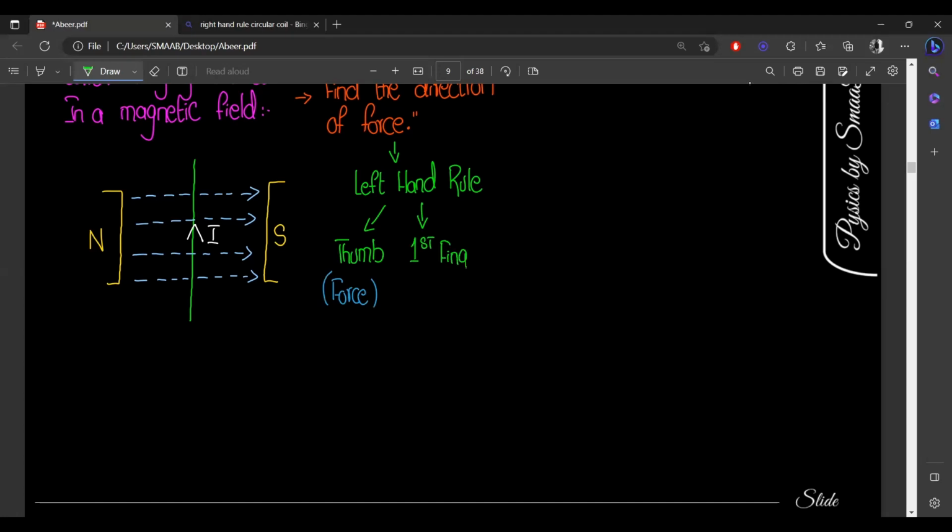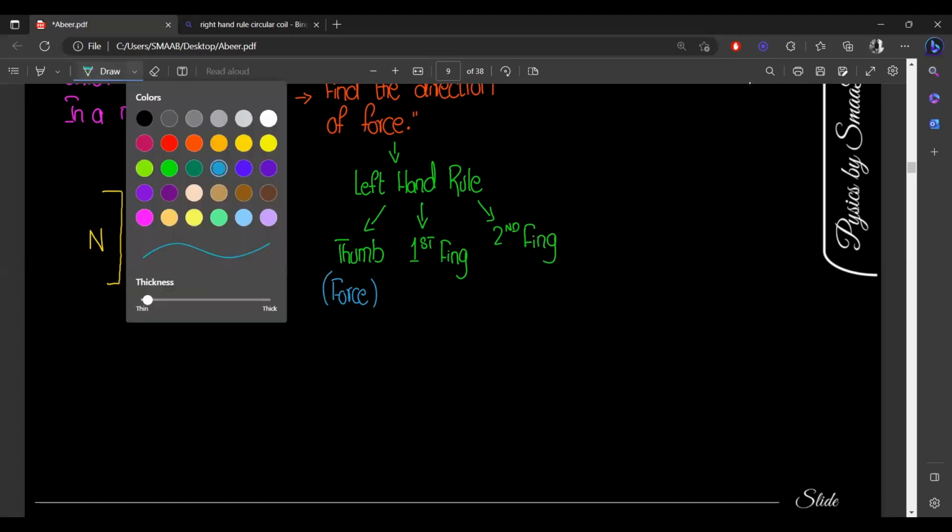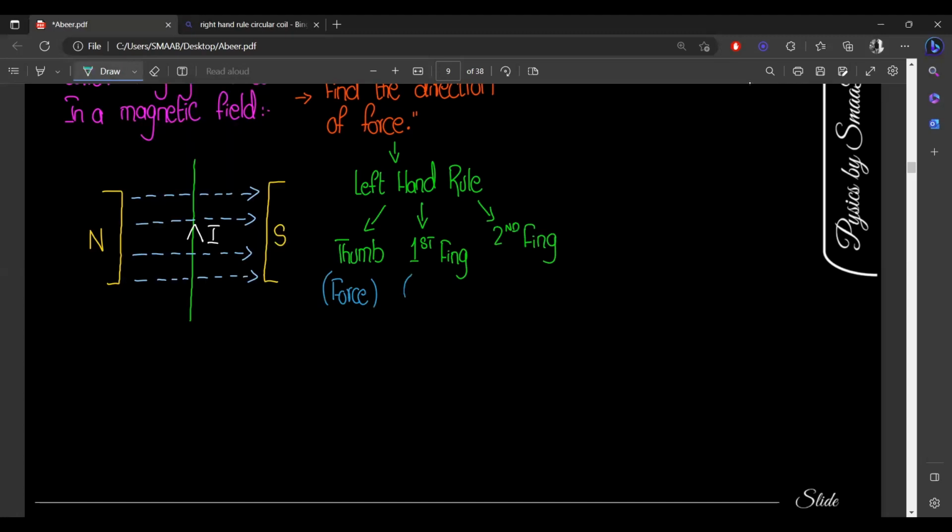Yes. So you just need to remember this difference between the first and second finger, because mostly we get confused in that. The first finger gives you the direction of magnetic field and the second finger will give you the direction of electric current. Field and current.